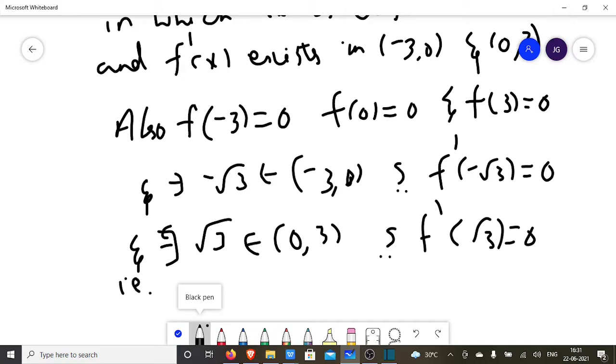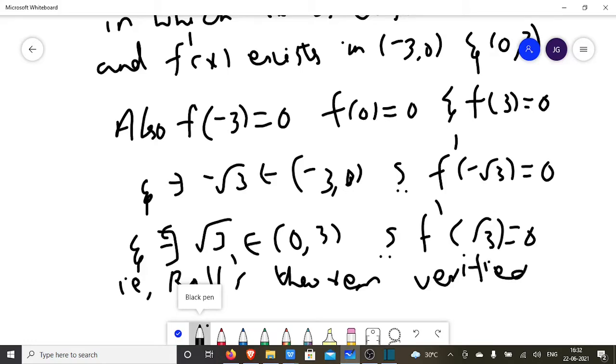That is Rolle's theorem. Verified. We checked all conditions of Rolle's theorem.